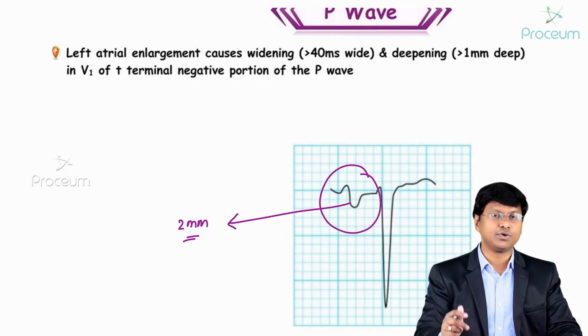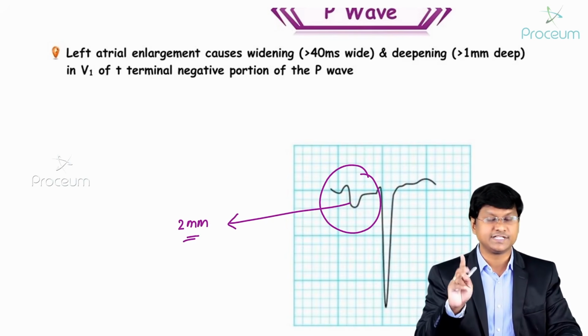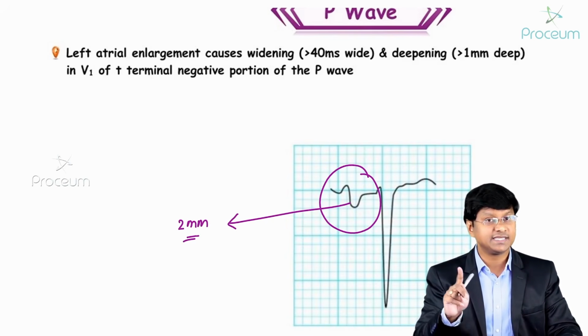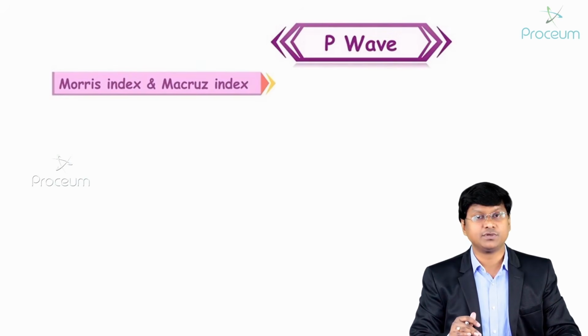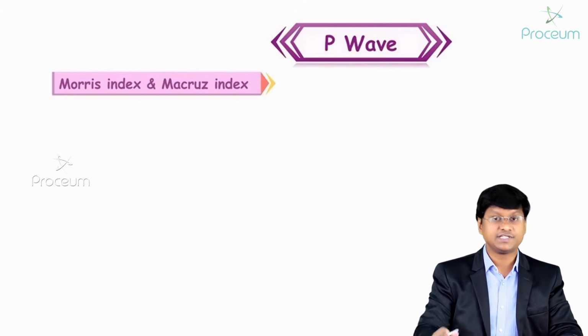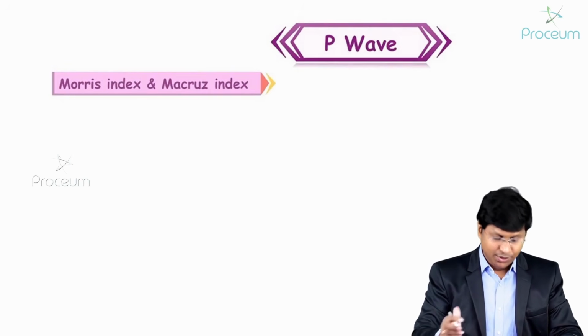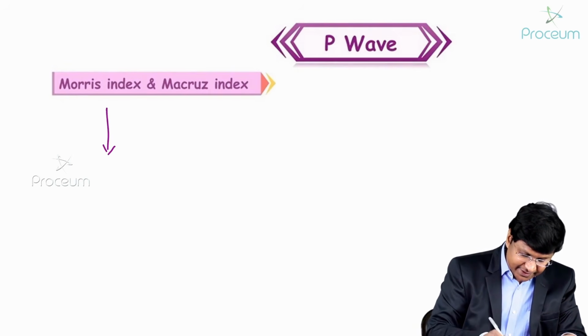Now let me discuss the two important indices, the Morris index as well as the Macrous index. First, the Morris index is nothing but your P terminal force in lead V1.